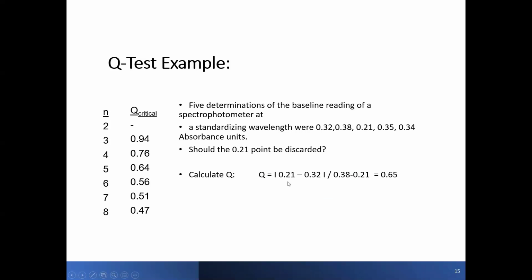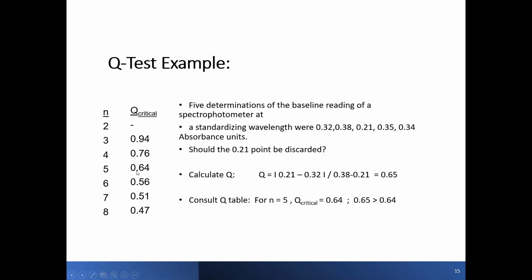Calculate Q. We use the outlier 0.21 minus the nearest data point, which is 0.32, the second smallest. The range is the highest data point, 0.38, minus the lowest one, 0.21, among these 5. After that, I got 0.65.